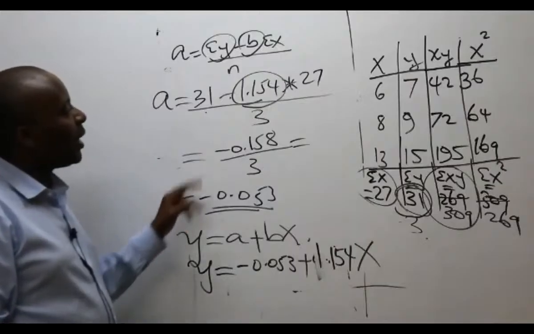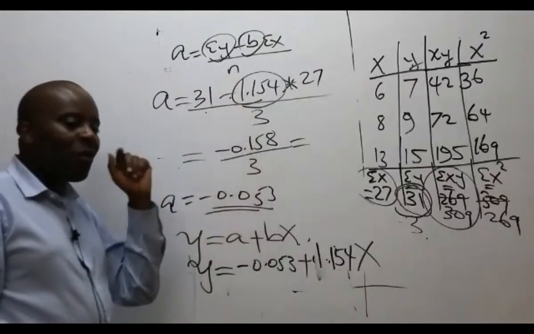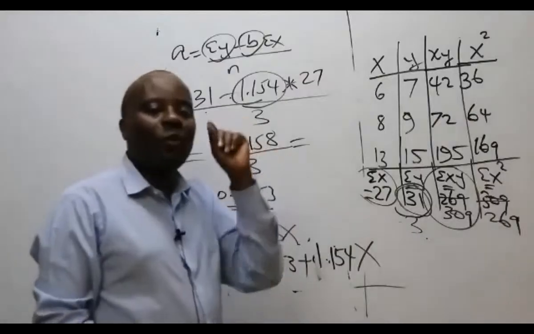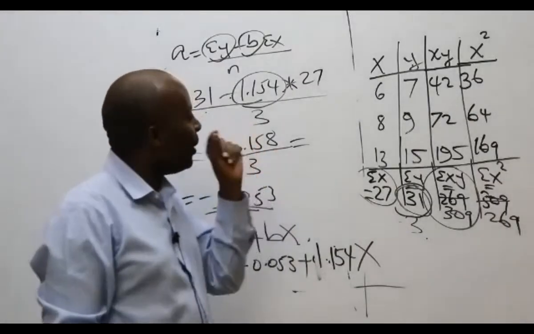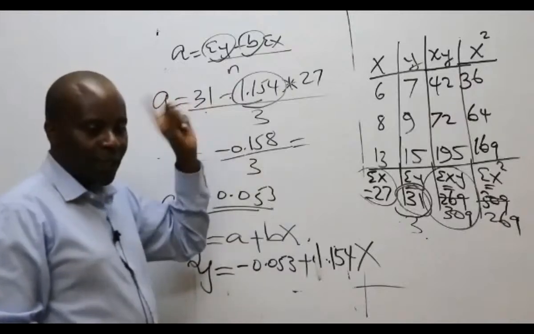Divide this by the number of points, and how many of them are they? 3. Fatima, umekosea, haujatafuta numerator kando. Numerator, useme 31 minus 1.154 times 27.